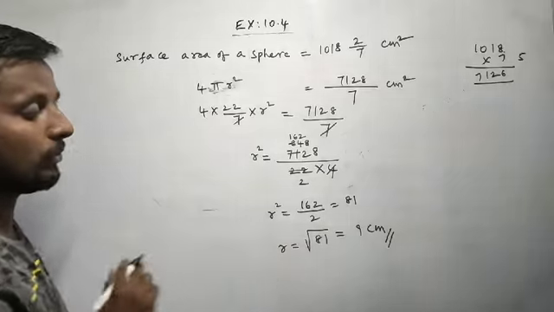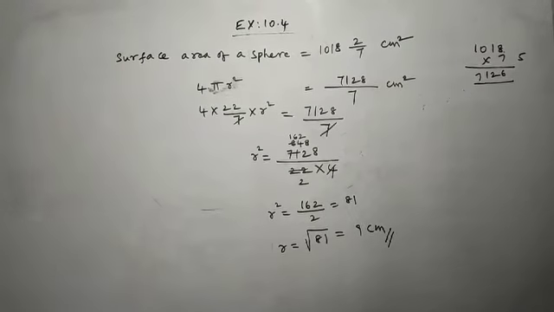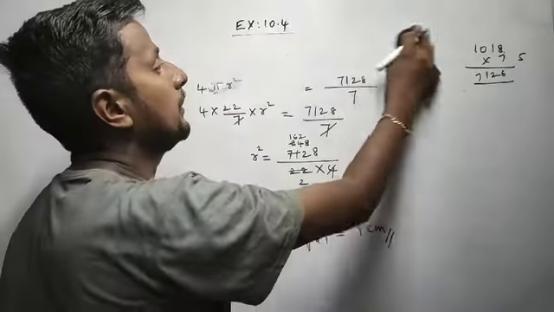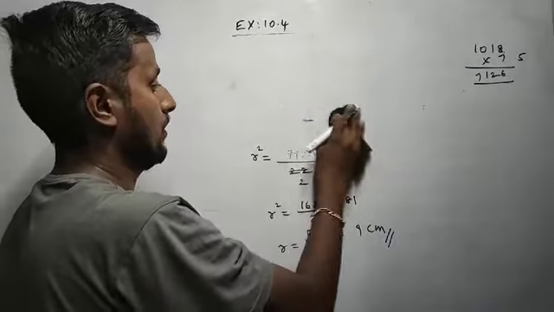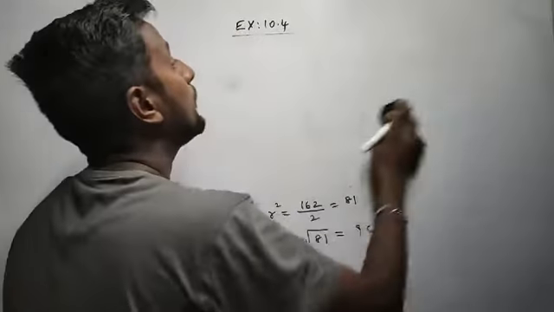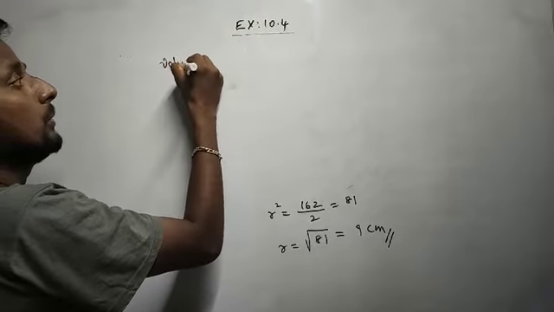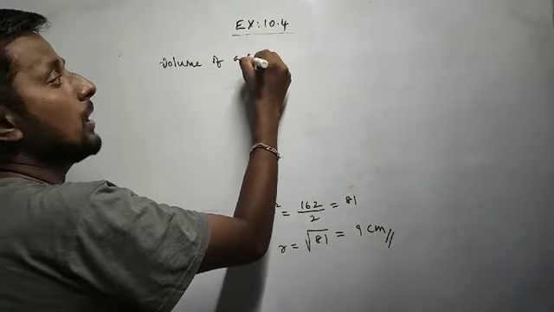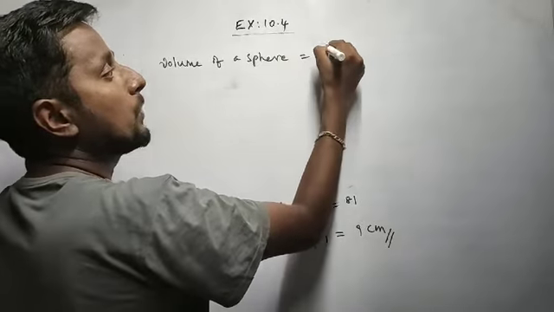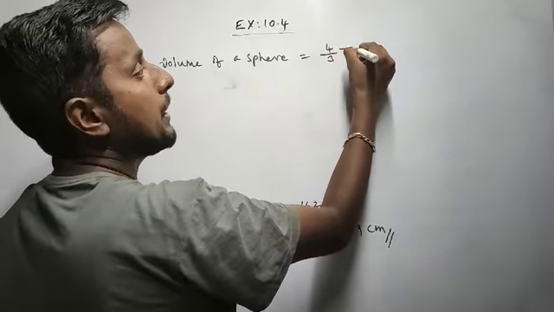It is only the radius value. Okay, then what about the volume? Volume of a sphere, same as the second problem. Volume of a sphere formula is 4 by 3 pi r cube.